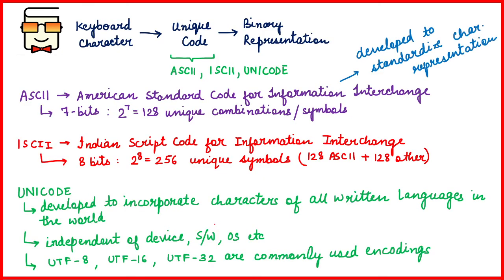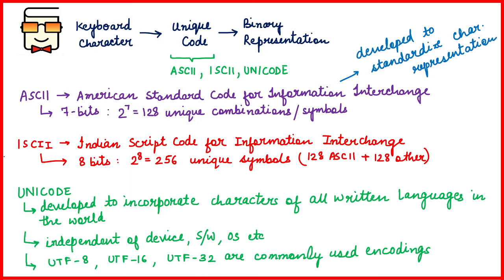So summarizing this lecture, firstly we learned how keyboard characters are understood by computers. Each keyboard character is converted into a unique code or unique representation, and then it is converted into binary code within the computer. Now that unique code can either be defined by ASCII, ISCII or Unicode. In present times it is defined by Unicode.